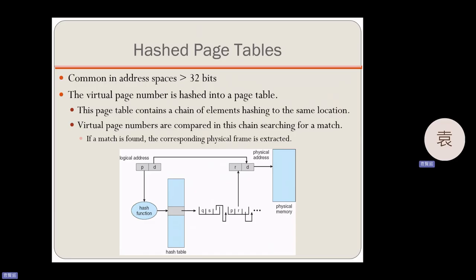If a match is found, the corresponding physical frame number is extracted. Of course, to make this hash table useful, the hash table and corresponding chains need to be stored in a fast MMU or similar fast memory modules, to reduce the mapping translation time.